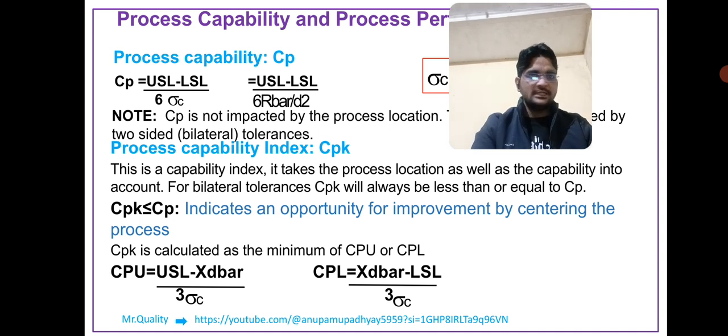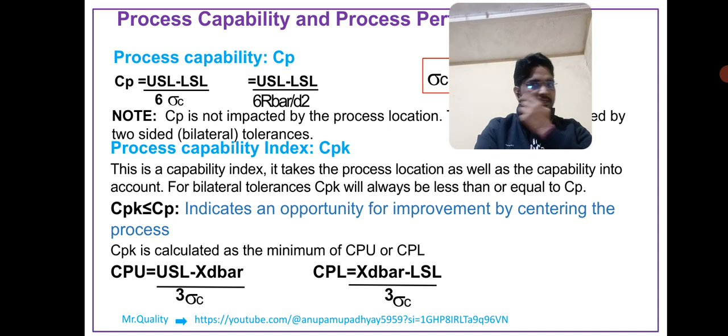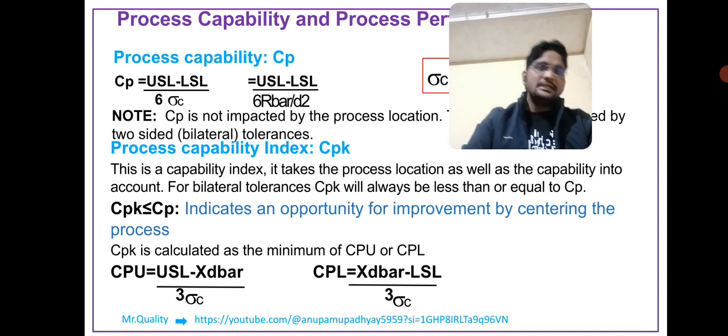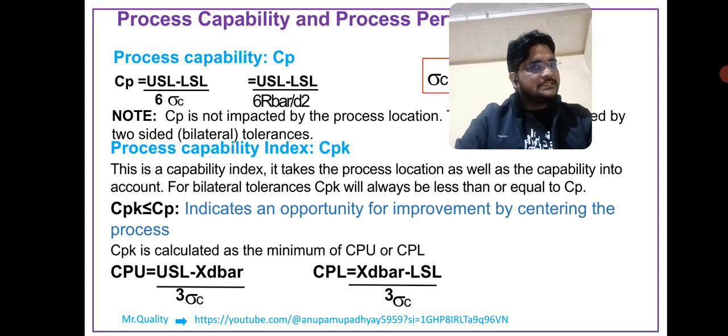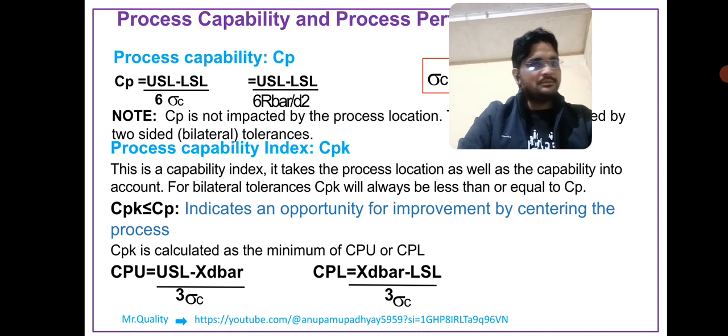That's the reason I already explained: Cp is not impacted by process location but Cpk is. Cpk less than Cp indicates an opportunity for improvement by centering the process. If we center the process, Cpk is equal to Cp.